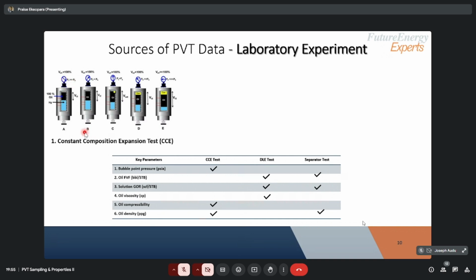Then at step B, we now start decreasing the pressure. Now we have moved the pressure from 4 p.m. down to around 1 p.m., right? It's still 100% oil. Then we decrease the pressure again, right, down to roughly 12 or slightly before 12.